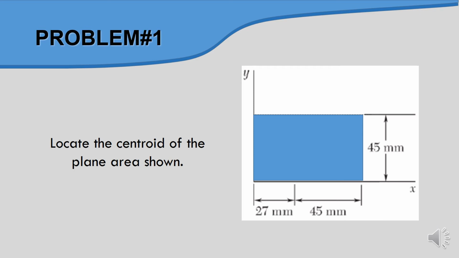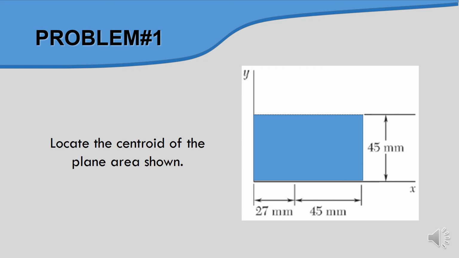Okay, let's see problem one. This is the basic for identifying the centroid. As you can see, there is a rectangle with different dimensions: 45 at the y value, and at x we have 72 mm.